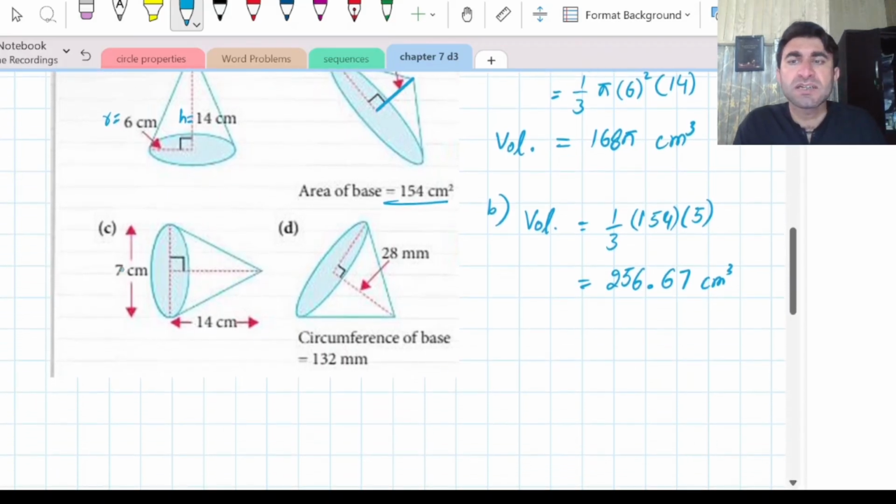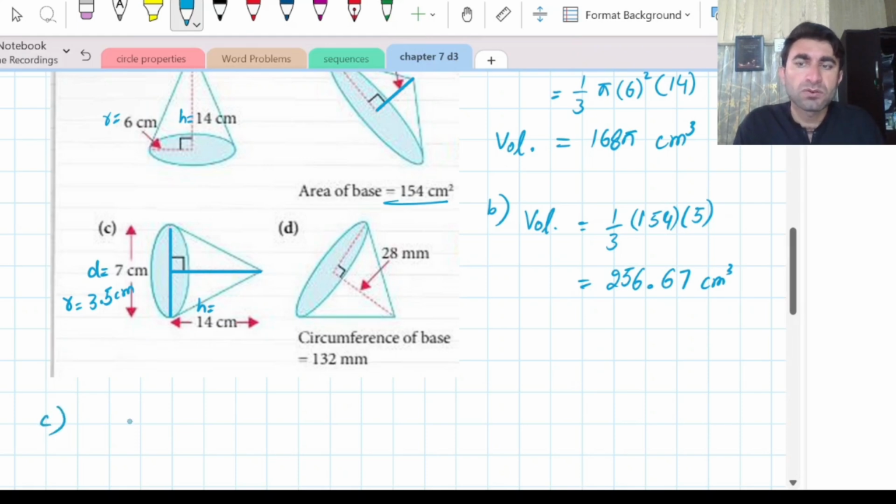Now in C part, as we can see, this one is the diameter of the cone. So we are given the diameter equals 7 centimeter, definitely we need the radius of a cone, and we know radius is half the diameter. So it will become 3.5 centimeter, and we are also given the vertical height of the cone which is h.